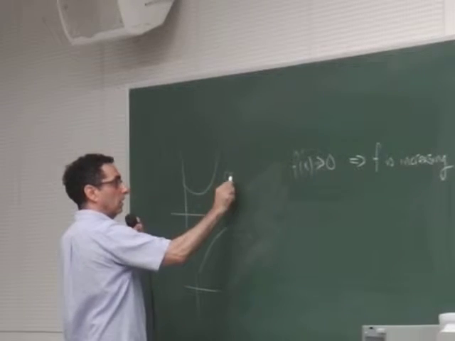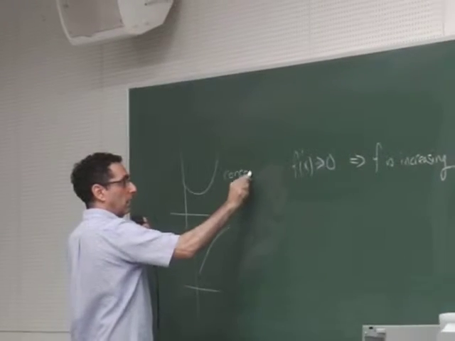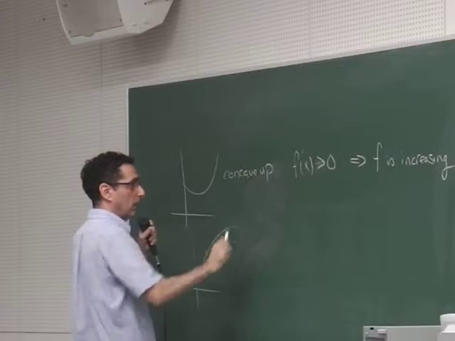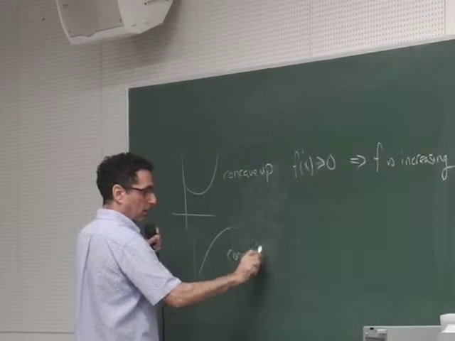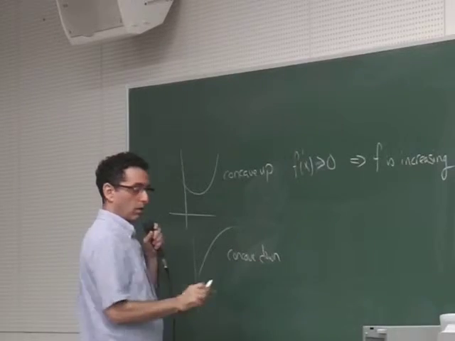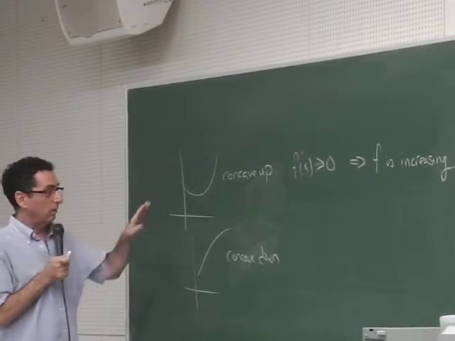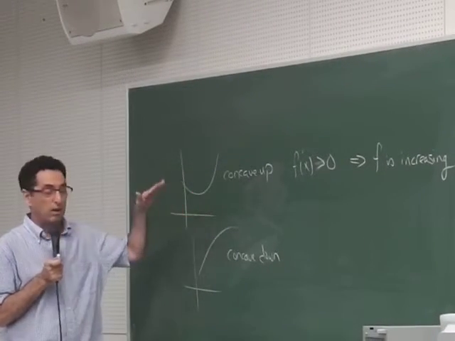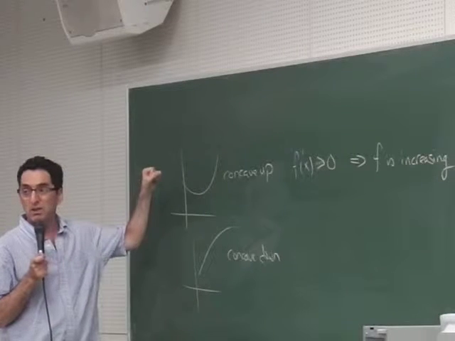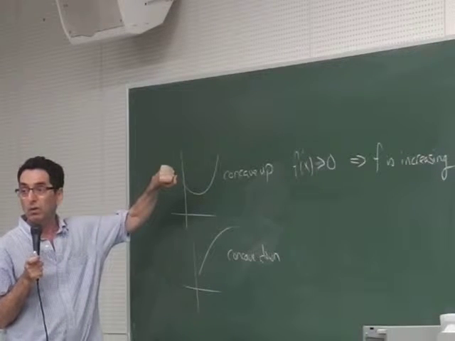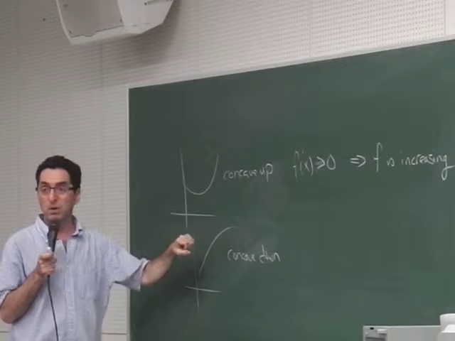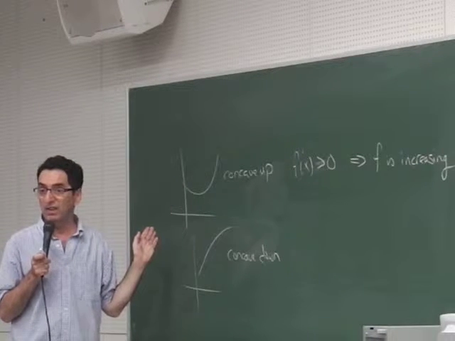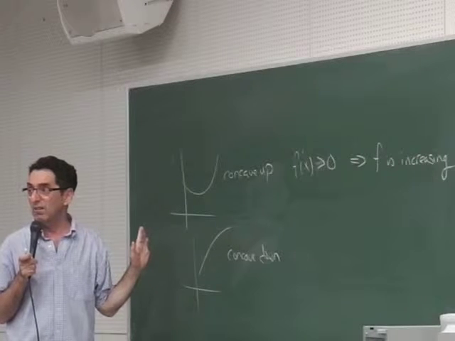So this is called concave up, and the other one is called concave down. Now, which one, sorry. So concave up basically means that you could pour water into it, it would hold the water. Okay? And this one, concave down, means the water would just spill out. Okay? So that's what we mean by concave up and concave down.